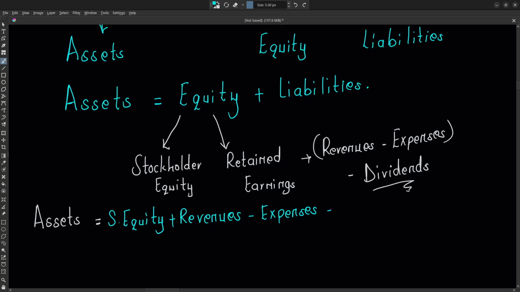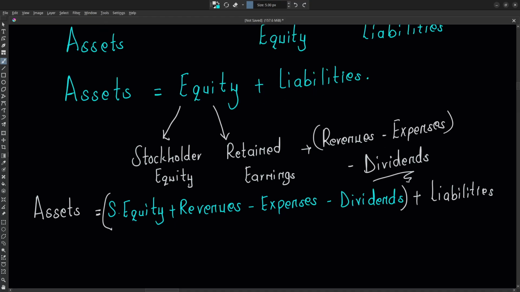Then minus, that is less dividends, okay? Then we remember we have the liabilities that were there, okay? So we've just expanded what we call equity.